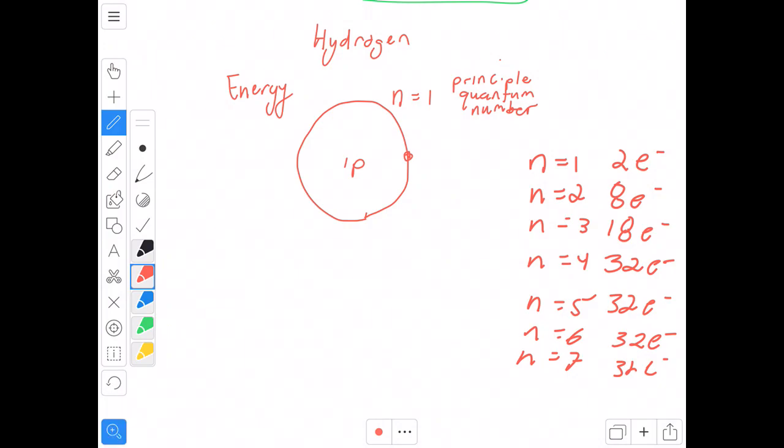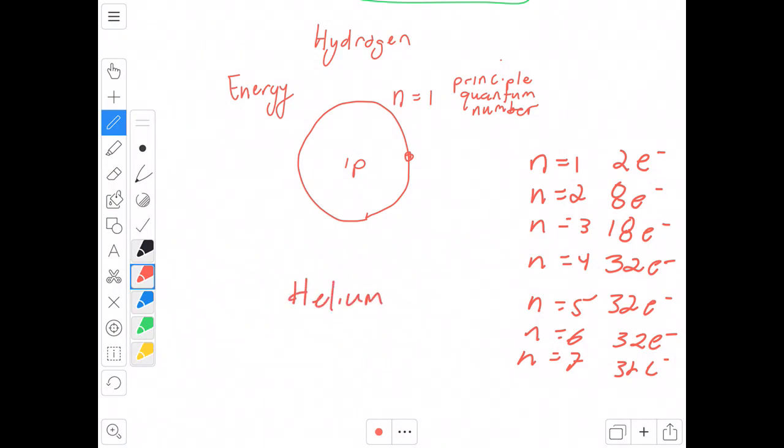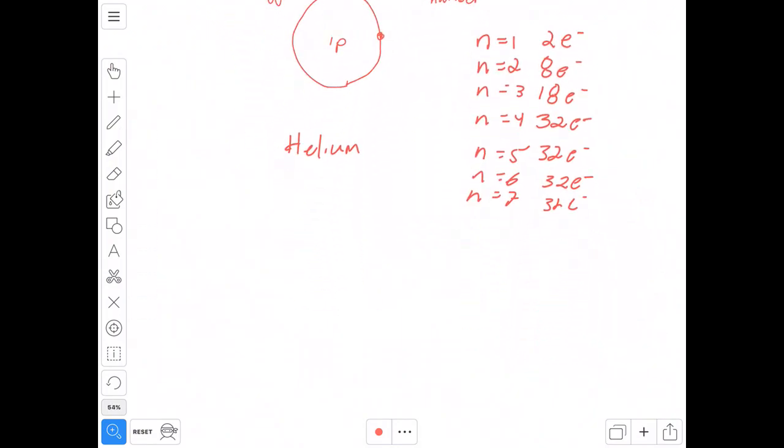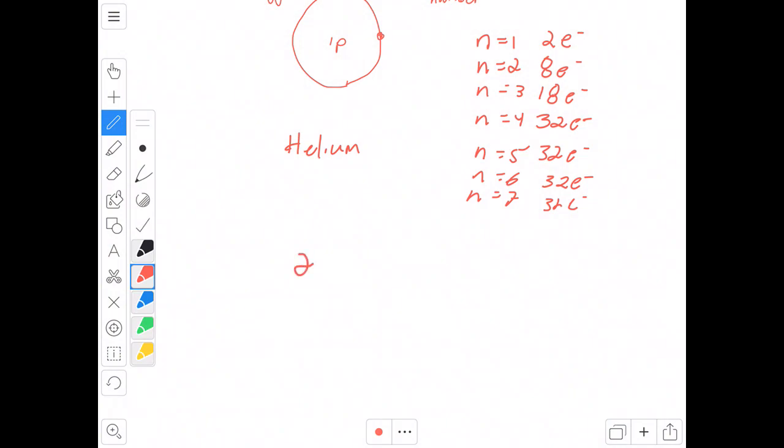So let's now do helium. Let's do the diagram for helium. If I was trying to diagram helium, what would I do? What would I put in the center, guys? 2p, right?